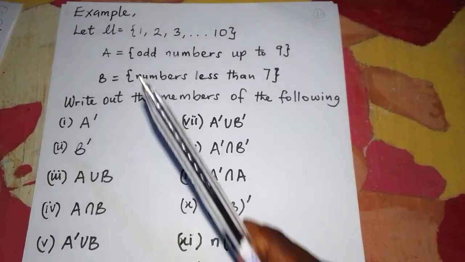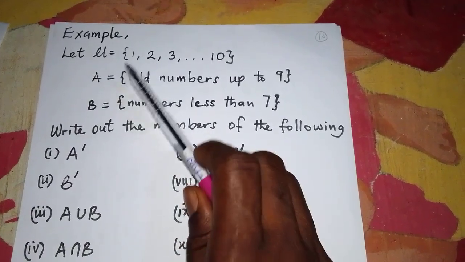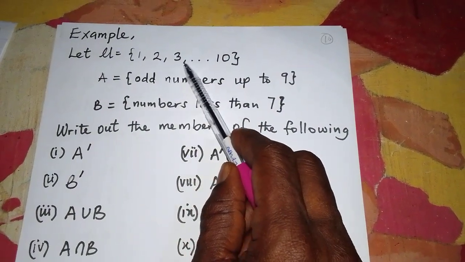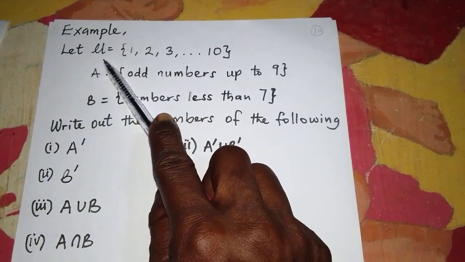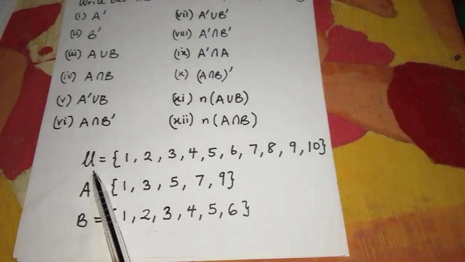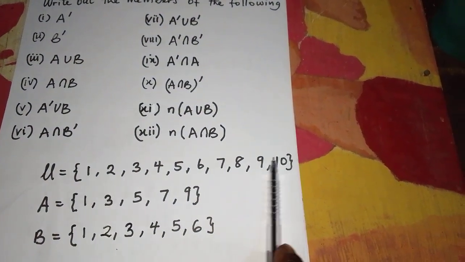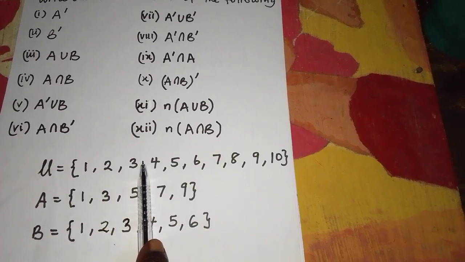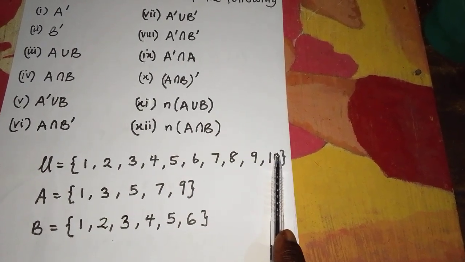Let's start. First of all, when you are given something like this, you must ensure that you state all the members of such set clearly. Since in the universal set you have numbers 1 to 10, you spell it out. In the universal set you write all the elements in the set: 1, 2, 3, 4, 5, 6, 7, 8, 9, 10.